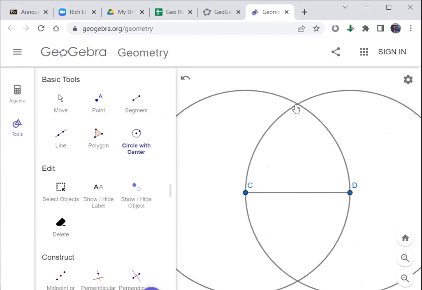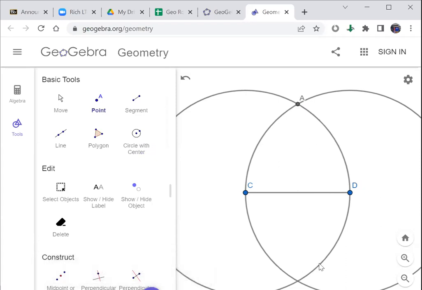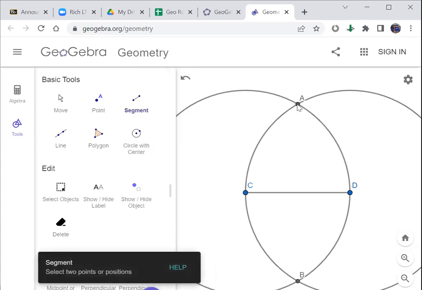And that gives me two points here. If I connect those two points, they will actually bisect that given line segment. So I'd plot a point at this location and one at this location, and then connect them with a segment.